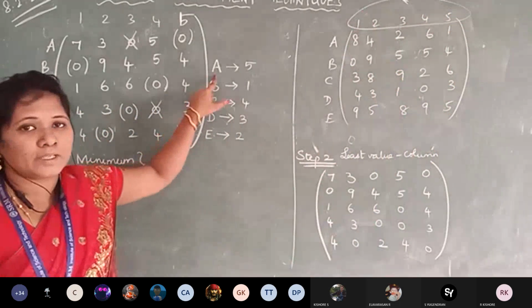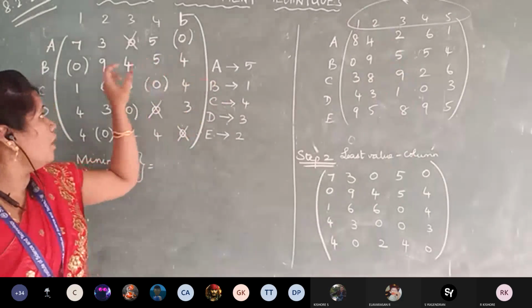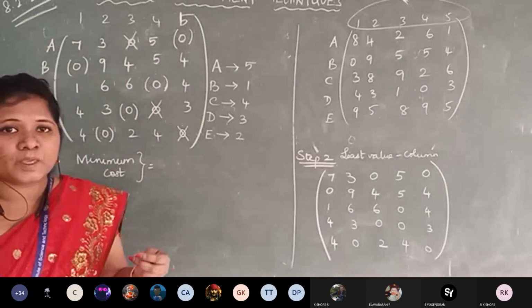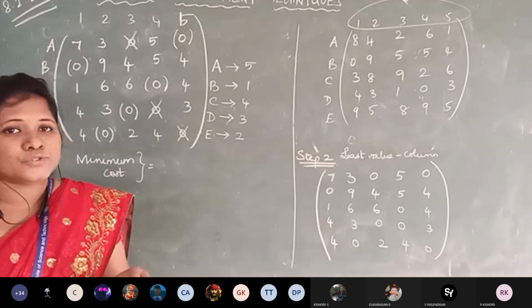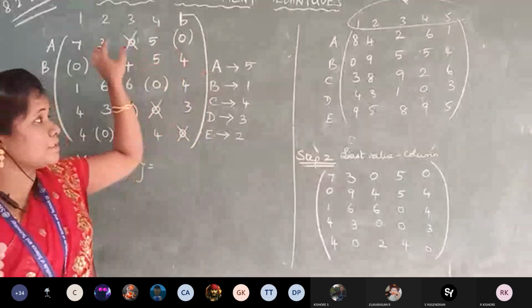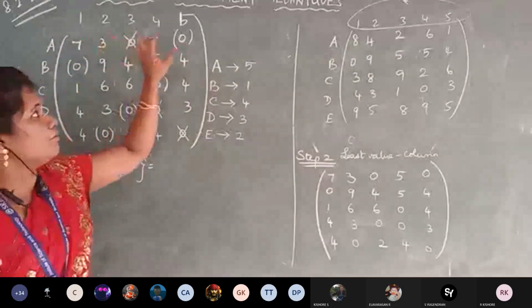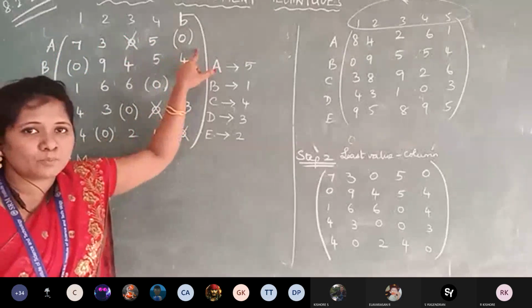Now we have found out the minimum job. In your question they have asked that for each person, you have to pay only the minimum value such that you get the minimum cost. So we have allocated that minimum value now. We have found out that A to the fifth job can be given this sort of minimum cost.